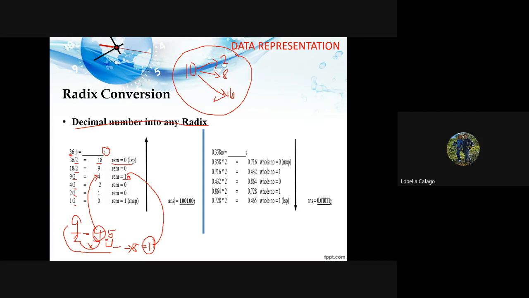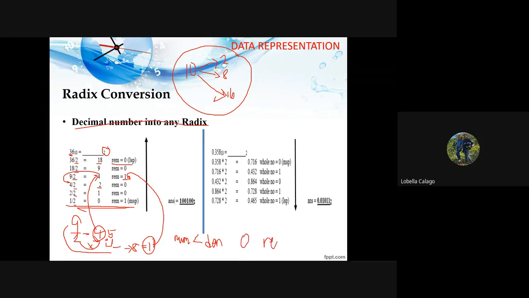Ngayon, si whole number, same pa rin. Divide natin sa 2. Give us 2 with a 0 remainder. 2 divided by 2, give us 1 with a 0 remainder. And 1 divided by 2, give us 0, remainder is 1. Okay, regarding this one, if your numerator is less than denominator, automatic, ang answer natin is 0.